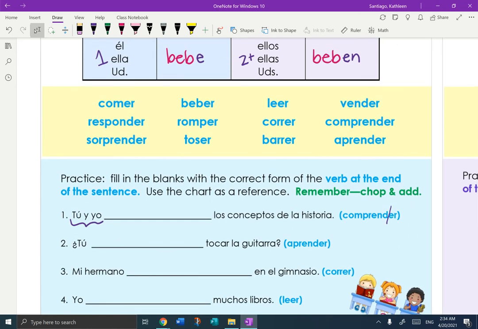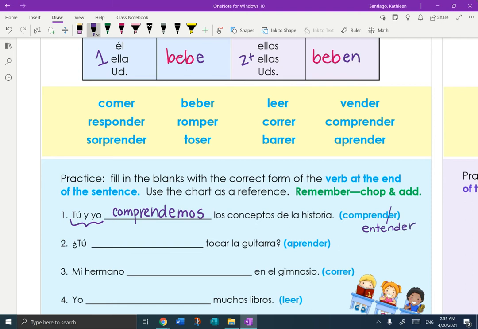So tú y yo comprendemos los conceptos de la historia. Comprender is like entender, comprehend.